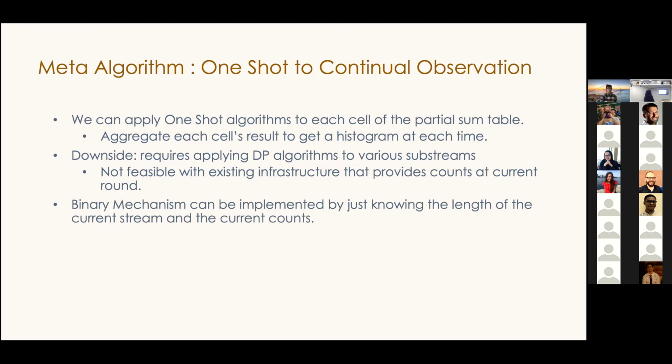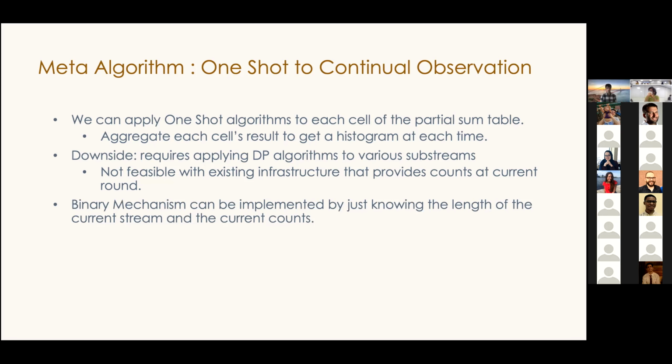But note that the binary mechanism can be implemented in a setting where, at any one time, we only know the total number of events, and we know the breakdown of the counts.